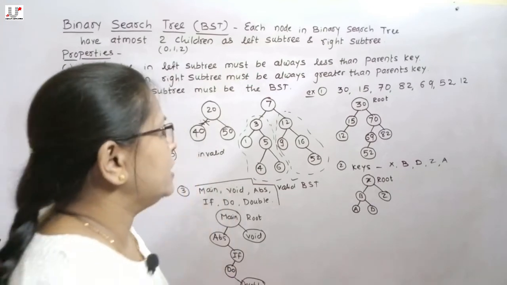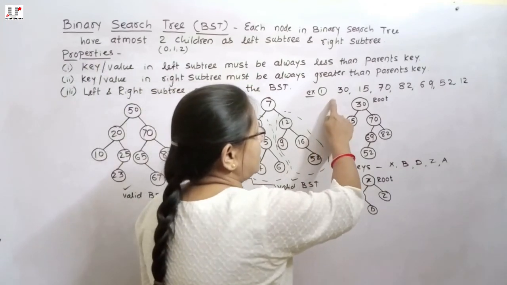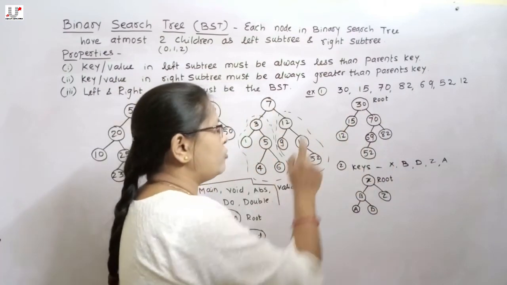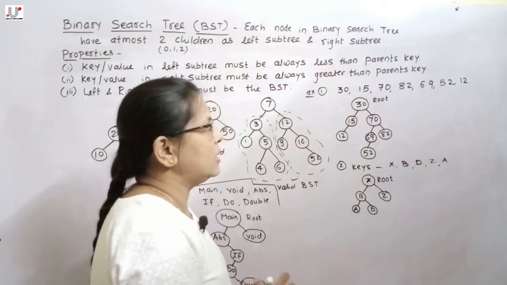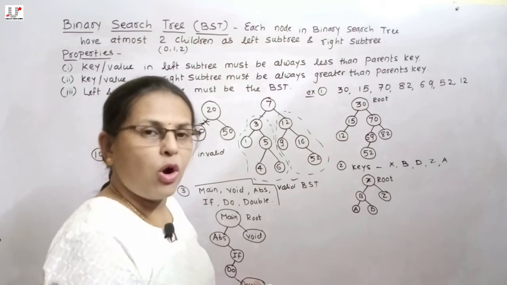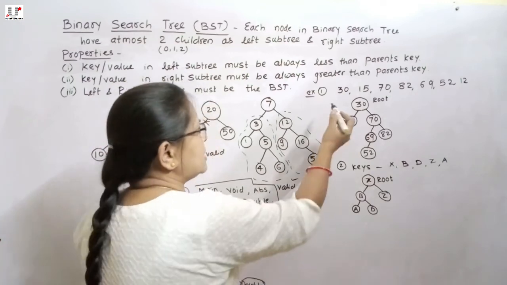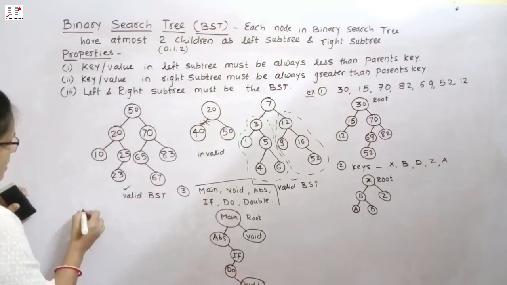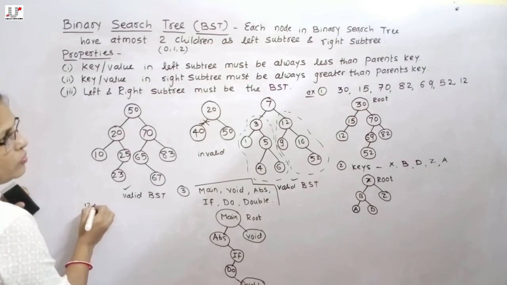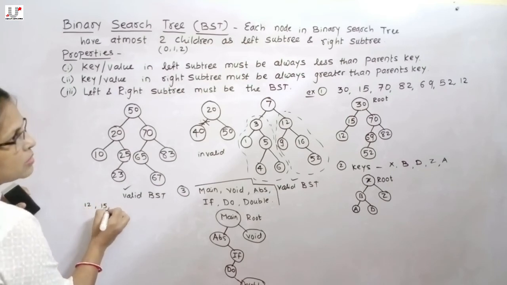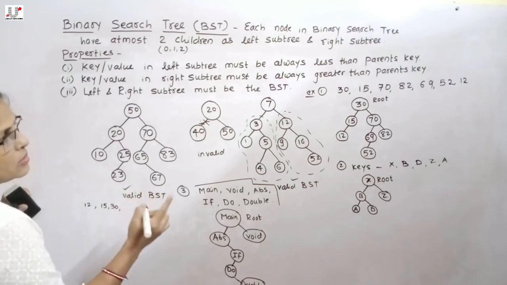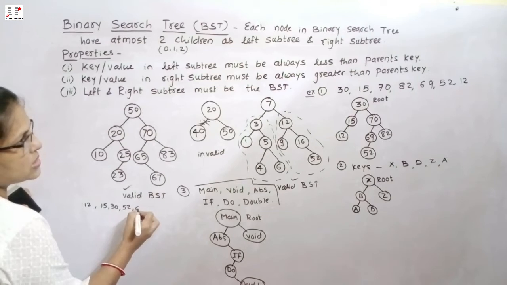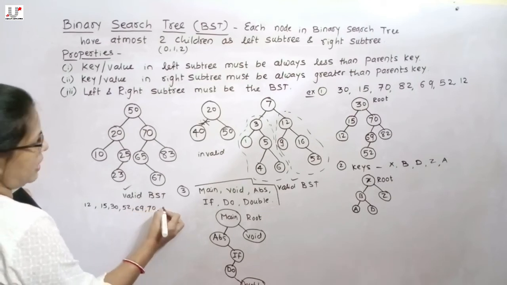Now if we change the order of these keys, if we specify all the keys in either ascending or descending order, that means here if we specify all the keys in ascending order, the first key is here 12, then 15, 30, then next is 52, 69, 70, and then 82.